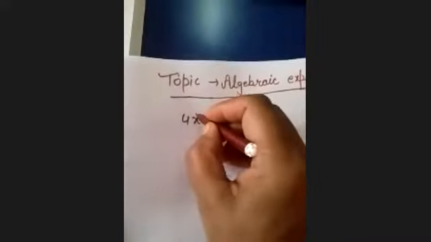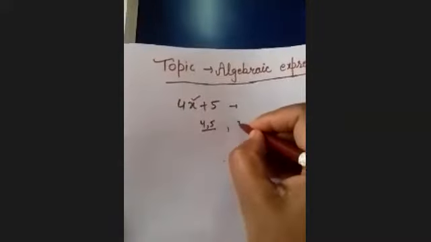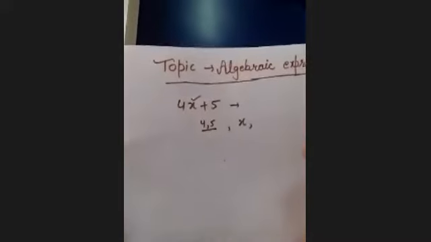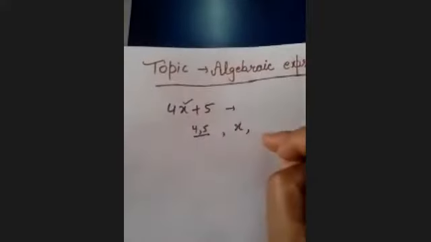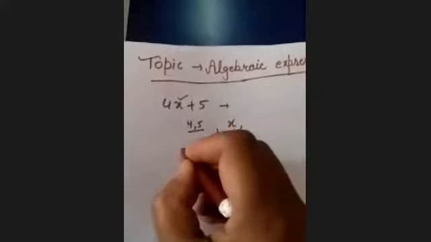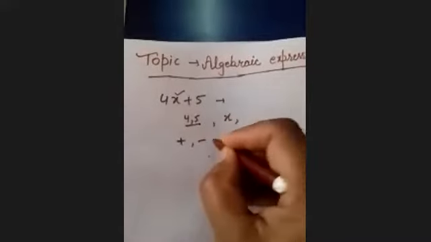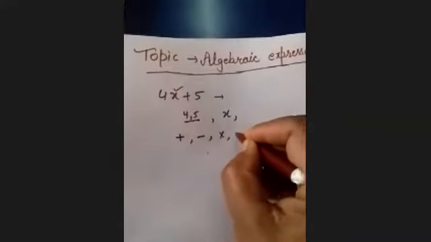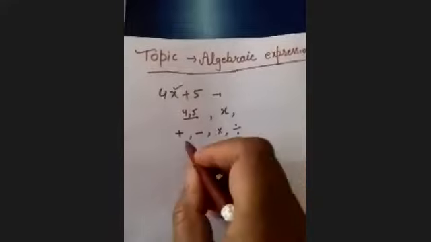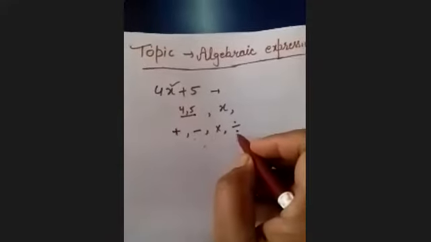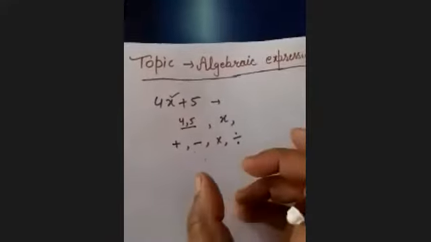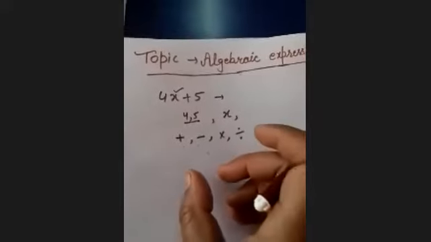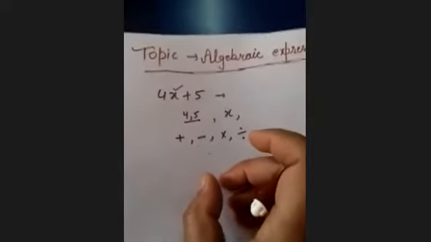Here, x is a variable. And the operations are plus, minus, multiplication and division. These are the four operations by which algebraic expressions are connected.